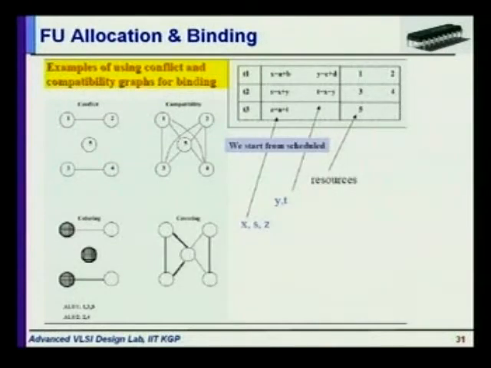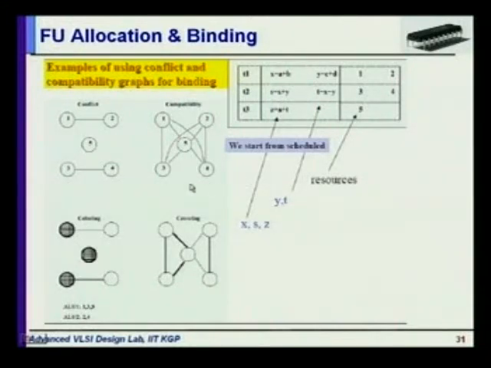So let's consider an example here. Suppose this is your scheduled behavior. In time step 1 you schedule these 2 operations, in time step 2 you schedule these 2 operations, and in time step 3 you schedule these operations. Now you are asked to decide how many function units you will use for your design.